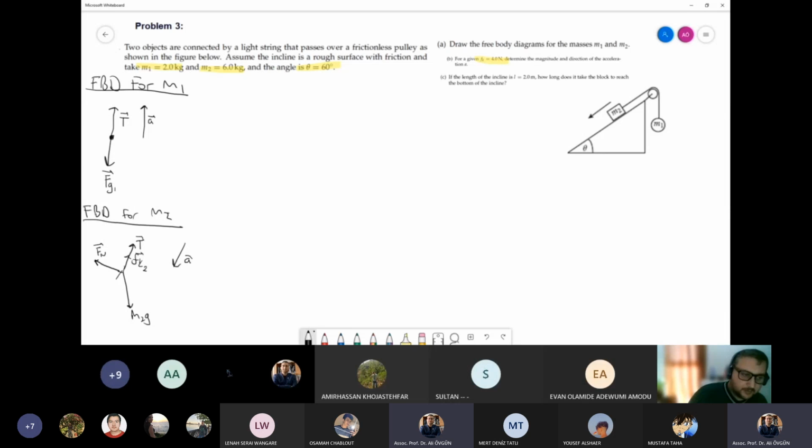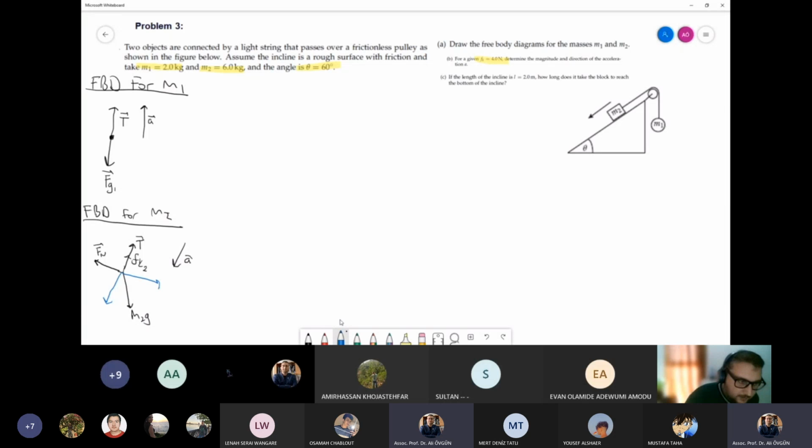M2g has two components. M2g cosine theta, and this one, no, I'm wrong. Let's change the color. This one and this one, because the object is going down.